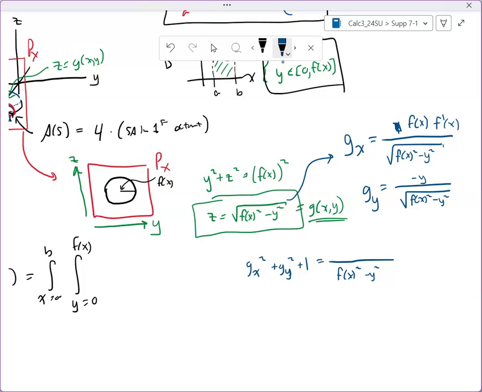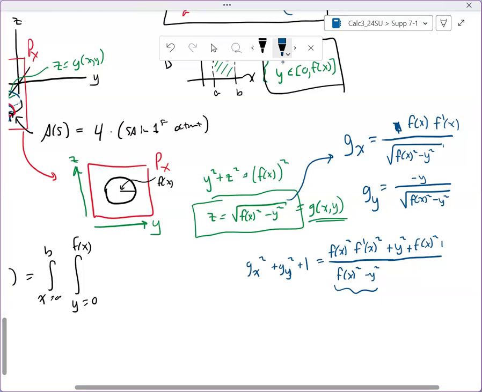My 2 canceled out with the 1 over 2 root stuff. So g_x squared is going to give me f of x squared, f prime of x squared. g_y squared is going to give me plus y squared. And then plus 1 is going to give me a copy of this denominator. Oops, minus for that. Squared.